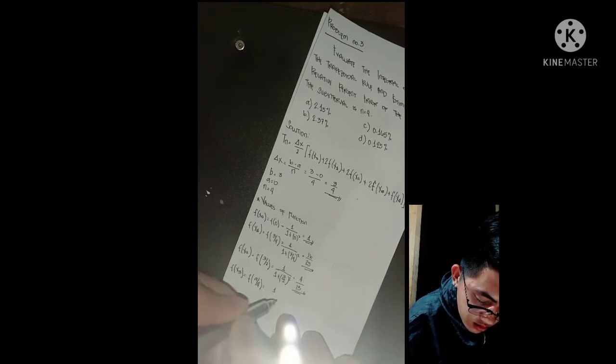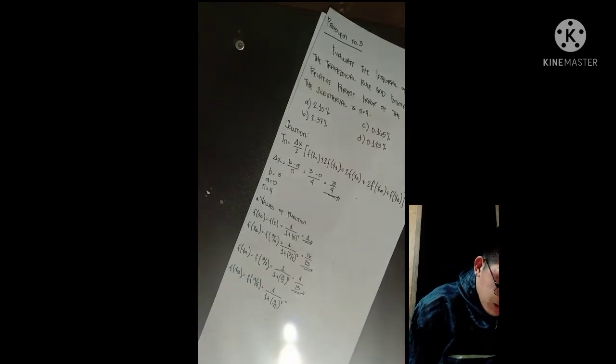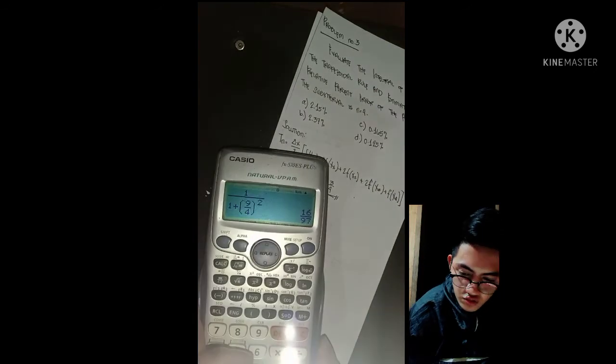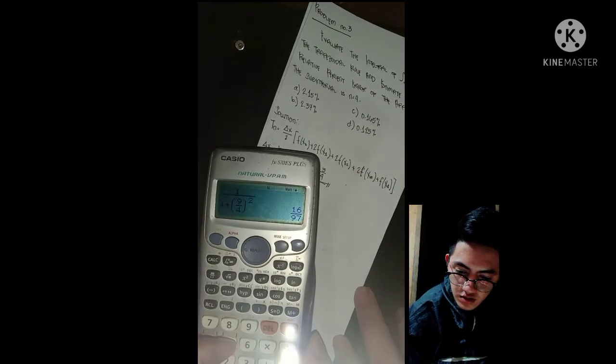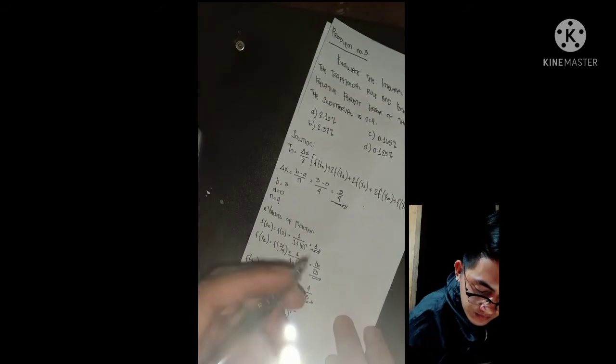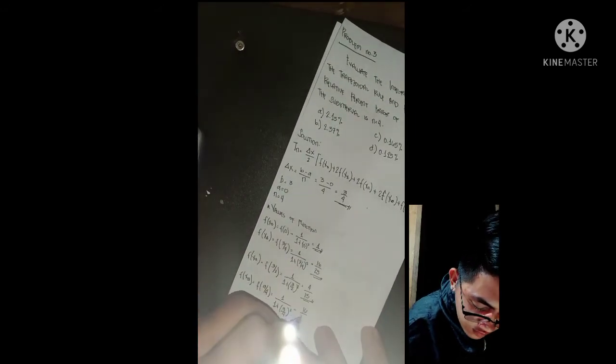So 1 all over 1 plus 9 over 4 squared is equal to 16 over 97. So 16 over 97.